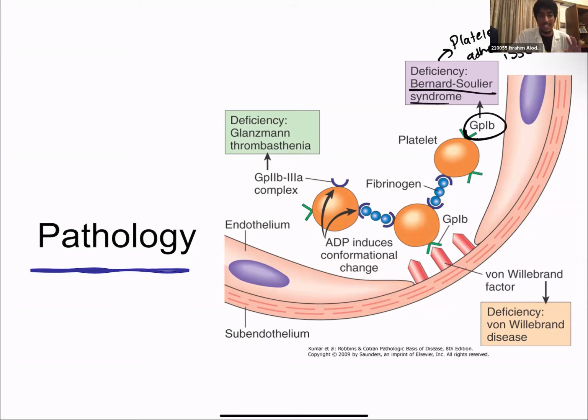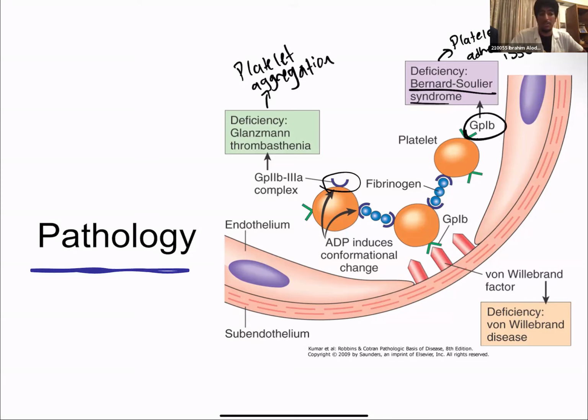Next is something called Glanzmann thrombasthenia. And Glanzmann thrombasthenia is just that you don't have GP2B3A. And if you don't have GP2B3A, you're going to have an issue with platelet aggregation.